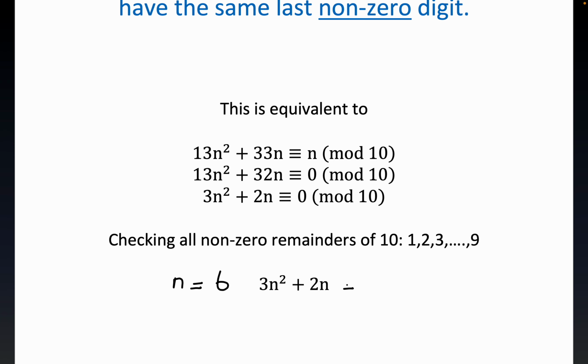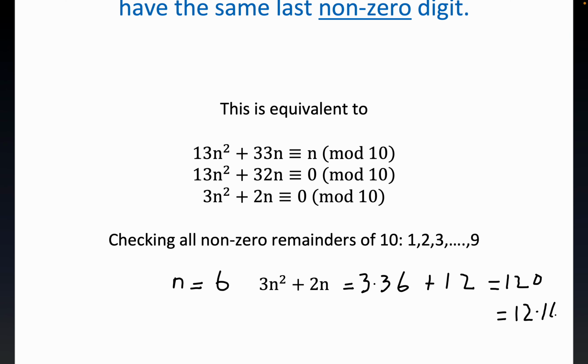In other words, this would be 3 times 36 plus 2 times 6, which is 12. And isn't that equal to 120? 3 times 36 is 108 plus 12 is 120, which is certainly a multiple of 10, right? We'll just go 12 times 10.